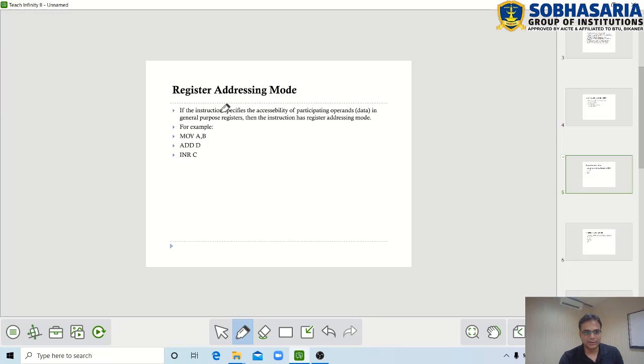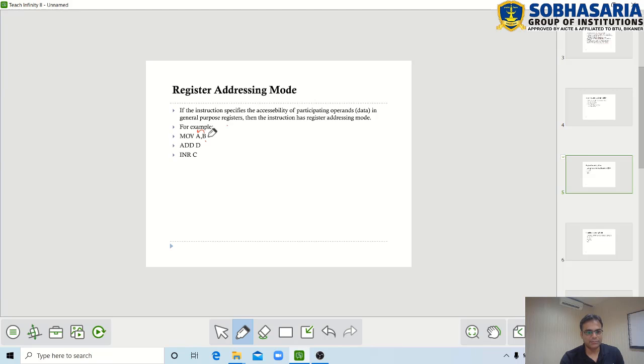In this, it specifies the accessibility of the participating data, or the operand, in a general purpose register. So if the accessibility of particular data in an instruction is specified through a particular register, like in this example, MOV A, B, the data which is available in B register will be loaded into A register, right?